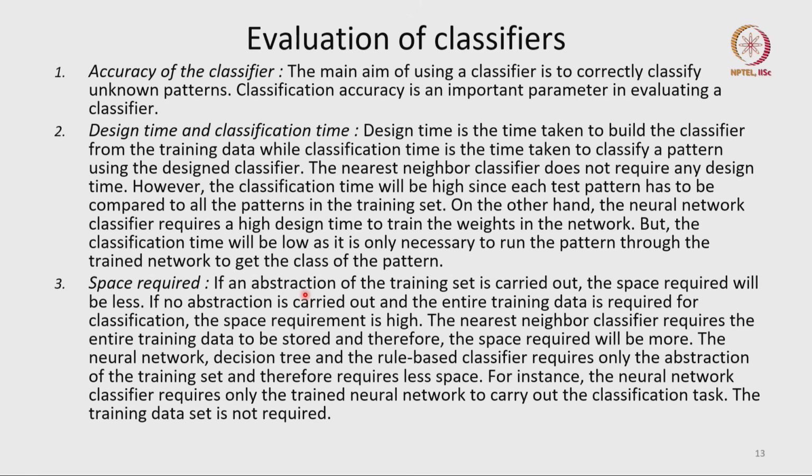So, the abstraction is so high that space requirement is extremely low. But if we take the nearest neighbor classifier, you are going to store the entire training data. So, because you are storing the entire training data, the space requirement is much more. And even things like decision tree, rule based system, all these require less space, because there is an abstraction that is going on.